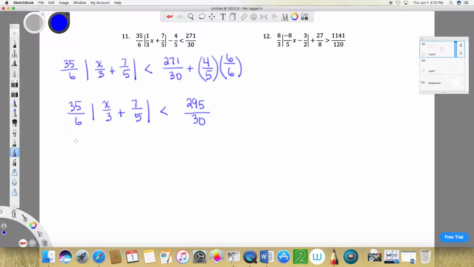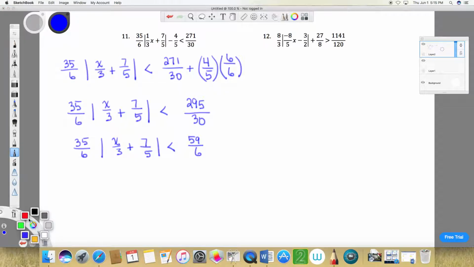So on the left-hand side, I have 35 divided by 6 times this absolute value. And I'm going to reduce this fraction now just to make the number smaller, easier to work with, and write this as 59 divided by 6. So now to get the absolute value by itself, I'm going to multiply both sides of this inequality by the reciprocal of this positive fraction.